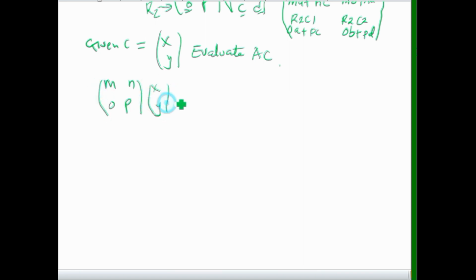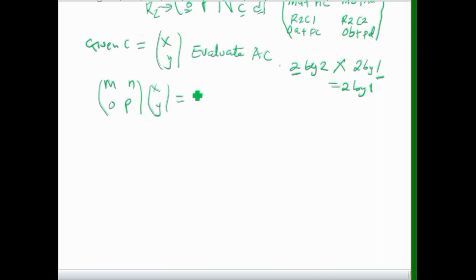From here you can predict the outcome, because this is a 2 by 2 matrix multiplied by a 2 by 1 matrix, so the result should be a 2 by 1 matrix. Let's see if that is true.